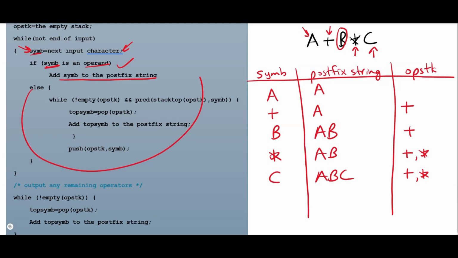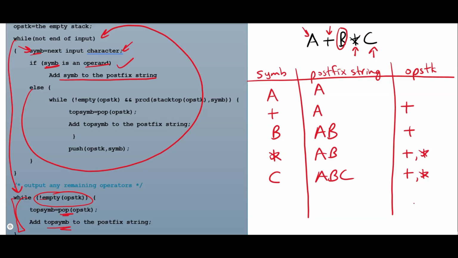Then next loop cycle, but the loop will be terminated because my input is finished. Then I will quit from the while loop and come here. I have another loop here. In this loop, if my stack is not empty, I am popping every element in the stack and adding it to my postfix string. In the first execution of this loop, what happens?